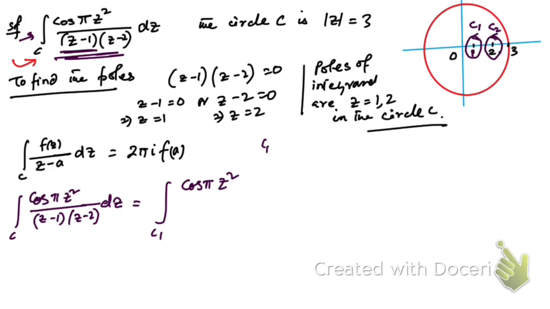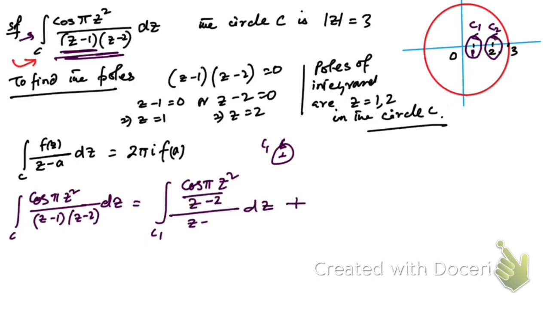C1 encloses the pole 1, that's why here we keep the denominator z minus 1, and the z minus 2 is written below this, dz.